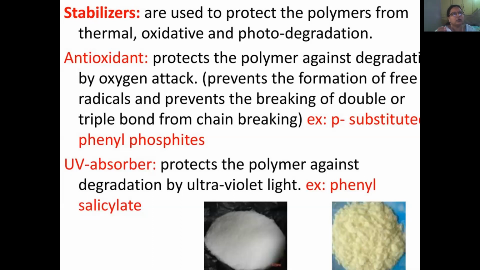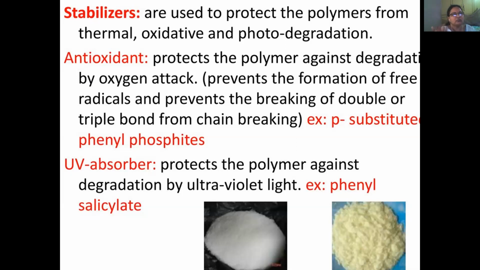Antioxidants protect the polymer against degradation by oxygen attack, that is, they prevent the formation of free radicals and prevent the breaking of double or triple bonds in the chain. Example, para-substituted phenyl phosphites. These phenyl phosphites help against oxidative degradation.